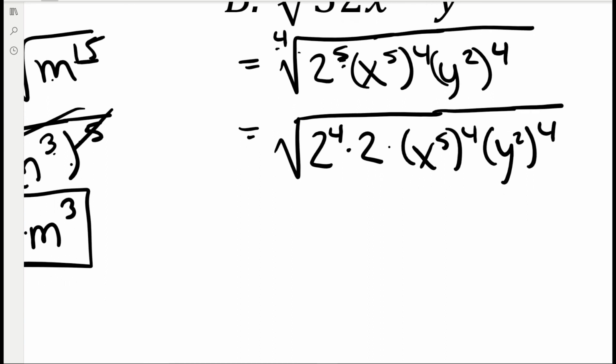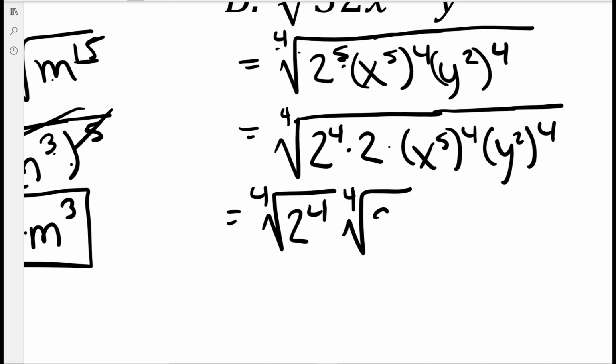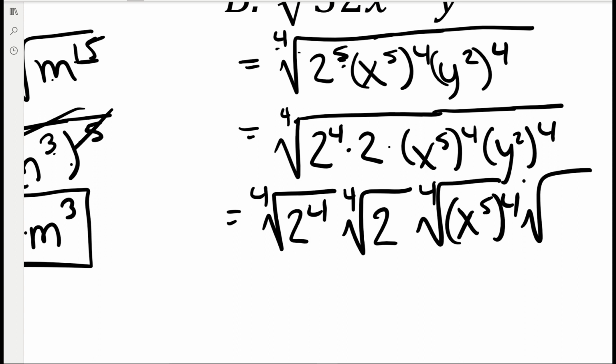All right, so now we got a 4th power here. So now let's split this up into several radicals. We got the 4th root of 2 to the 4th, we got the 4th root of just 2, the number 2, we got the 4th root of x to the 5th raised to the 4th, and then lastly, the 4th root of y squared to the 4th.